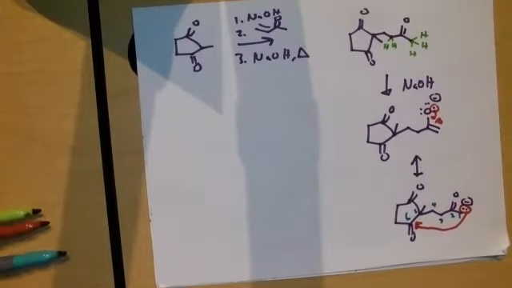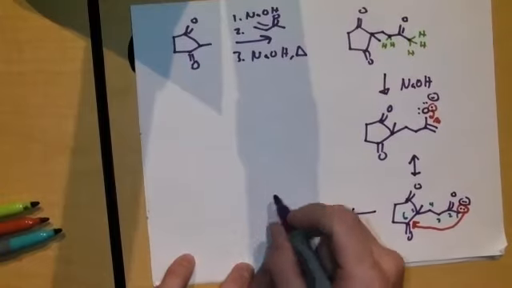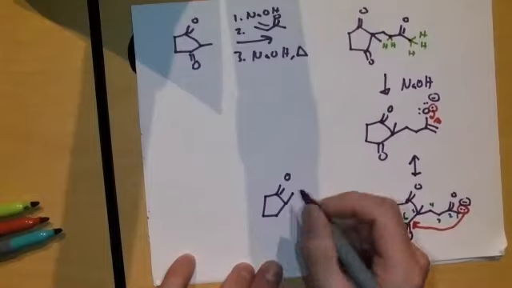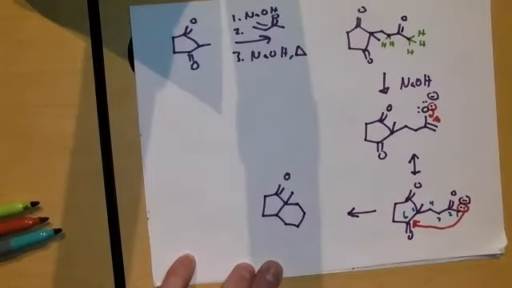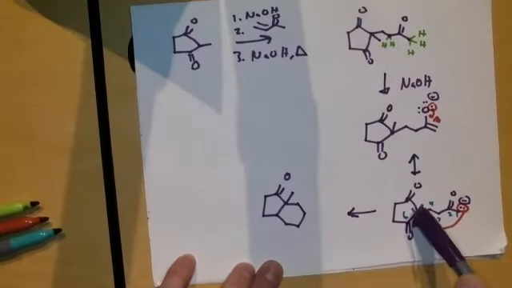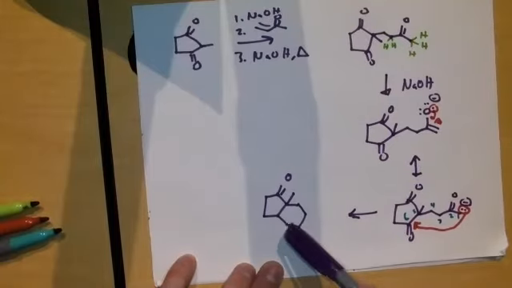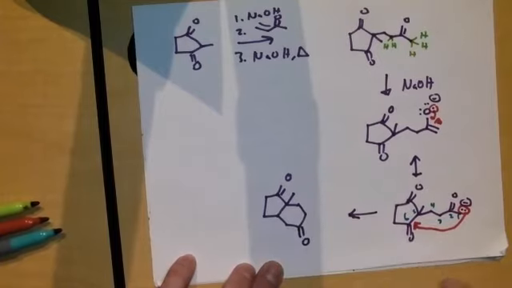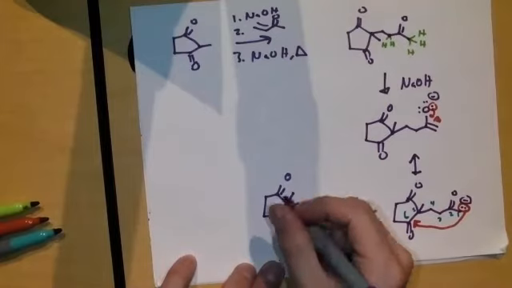Should give us a structure that looks like this. Carbon 5 is this bridgehead, which still has this on it. 4, 3, 2, 1. 2 had our carbonyl here. Carbon 6 we attacked, so now that should have an OH.